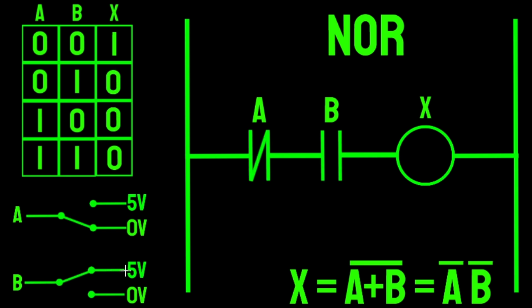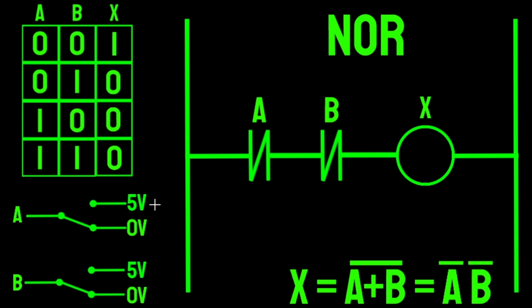And the same will happen if we energize only the B input. Our B contact will become energized and open up, making it impossible for a signal to get through the series circuit to the output. And if we energize both of our inputs, both of our normally closed contacts will be open, and there will still be no way for the output to turn on.